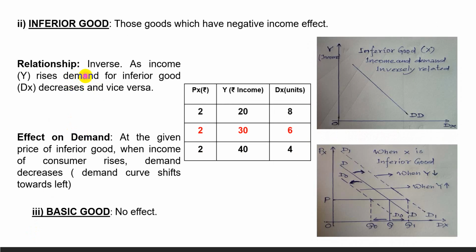When the income of the consumer decreases in case of an inferior good, the demand will increase, and if the income of the consumer increases, then the demand for inferior goods will decrease. And in case of a basic good, there is no effect on demand due to change in income of the consumer.